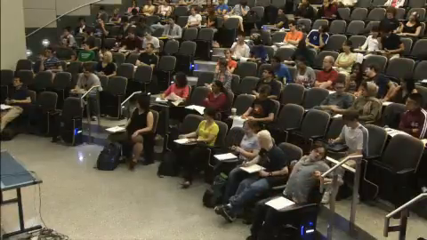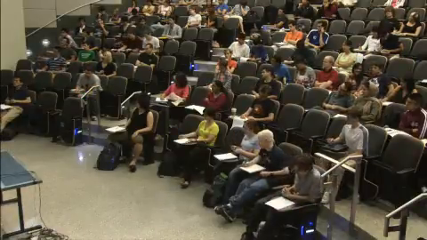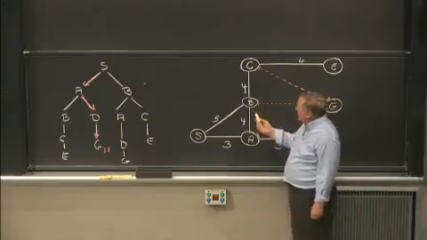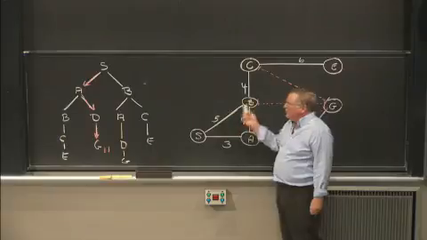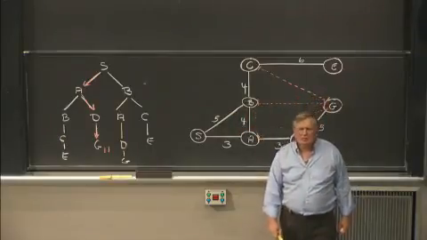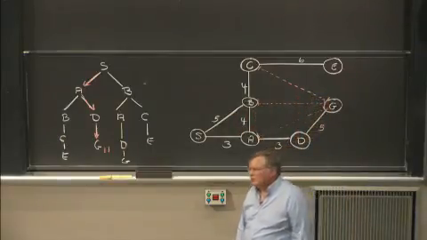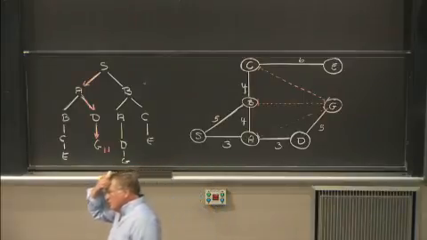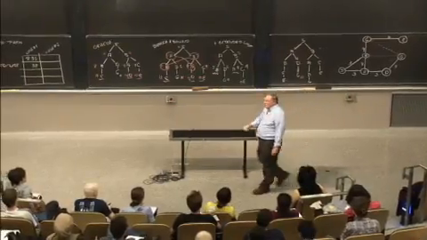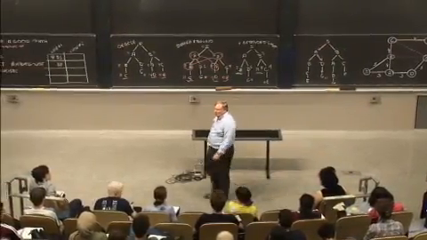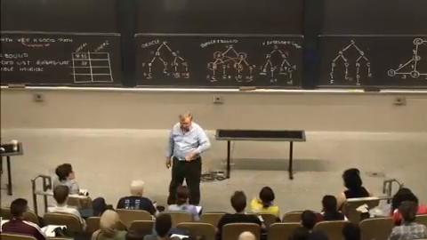But if we look at this example, what's the shortest possible length of a path that's already gone from S to B? What do you think, Tanya? Well, first of all, it can't be less than 5 because we've already gone that distance.